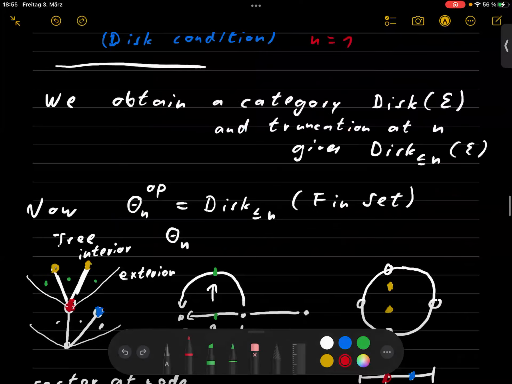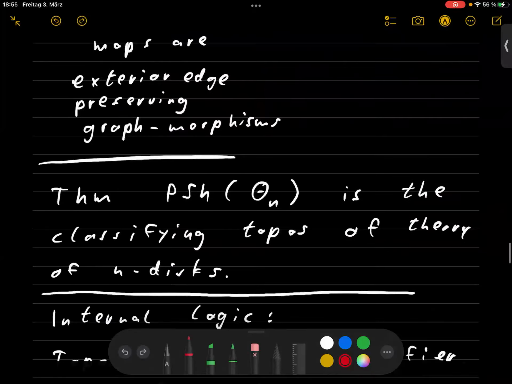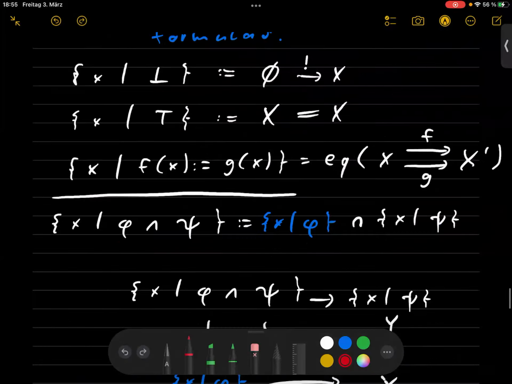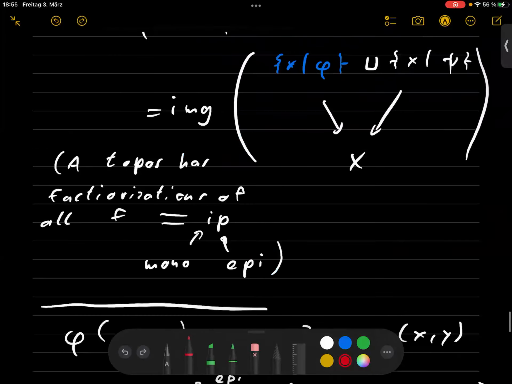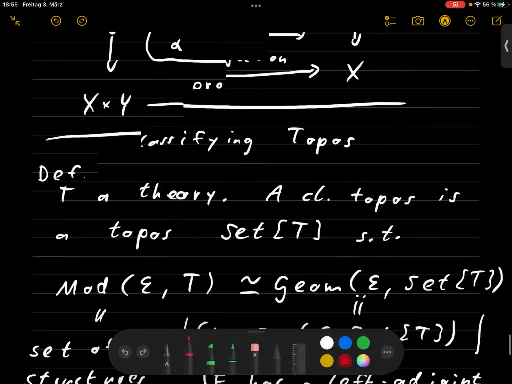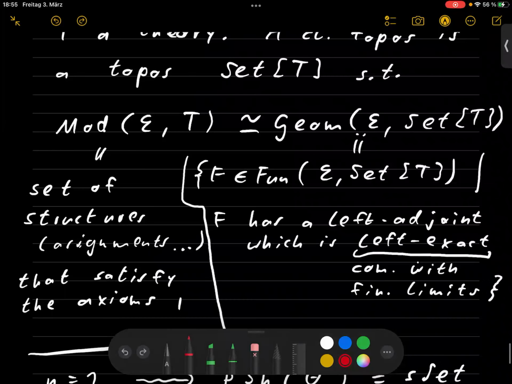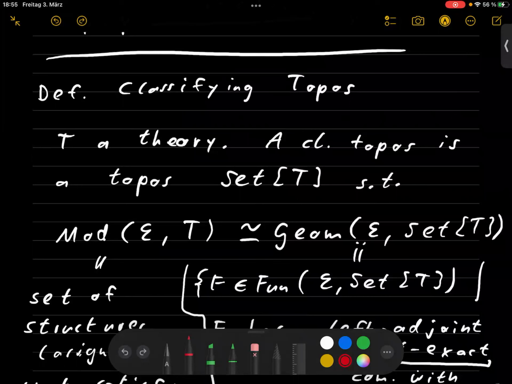Okay, and similar to the statement I gave, that disk is opposite to the category of theta n, these finite combinatorial disks, these finite disks in sets, their opposite is the category of theta n.